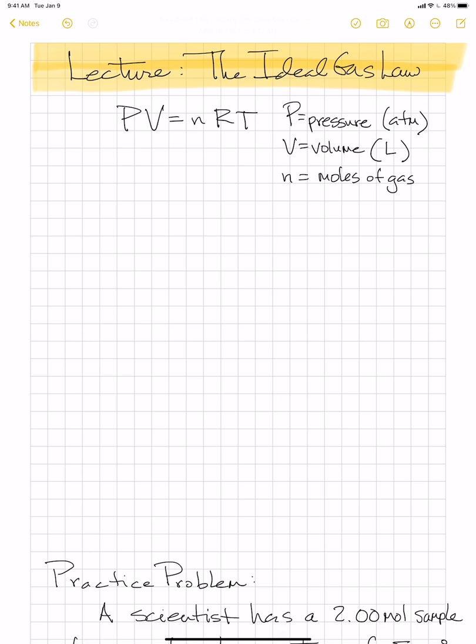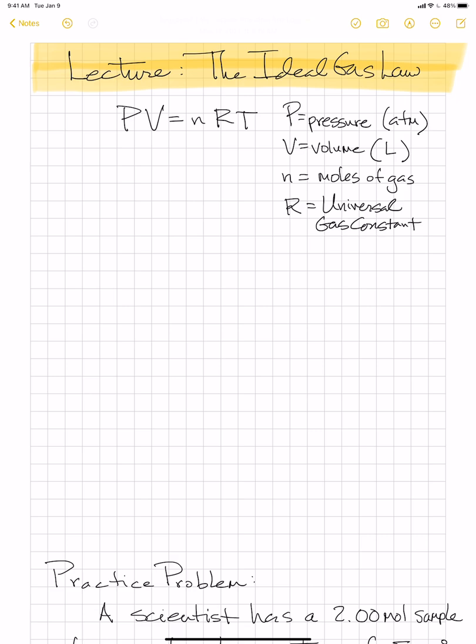All right, now we've got something else new, R. R is known as the universal gas constant. Now, this is a given value, like pi. You know, when you're solving problems with circles, you can use pi, 3.14.